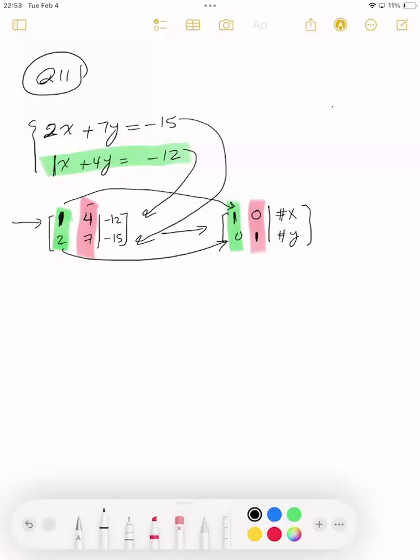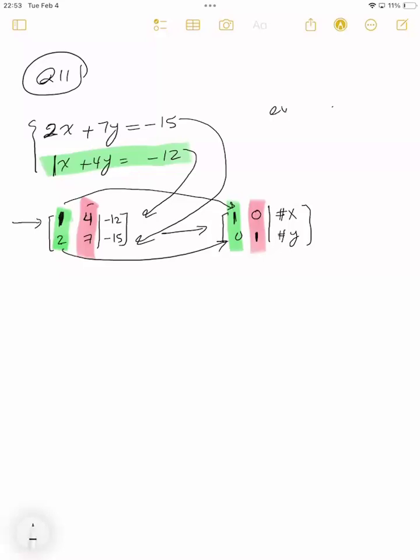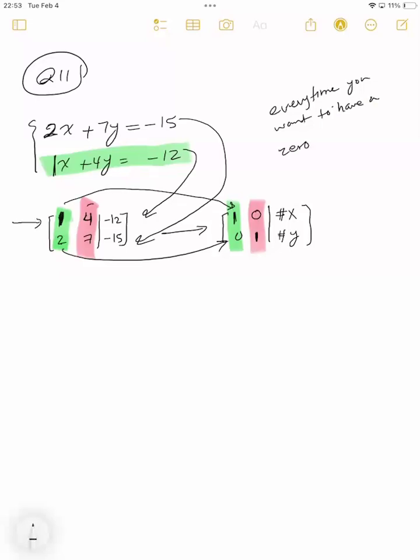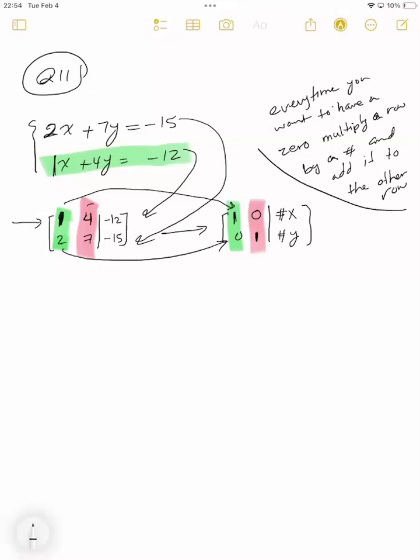So every time you want to have a 0, multiply a row by a number and add it to the other row to get your 0. This is the operation you should do to turn something to 0.